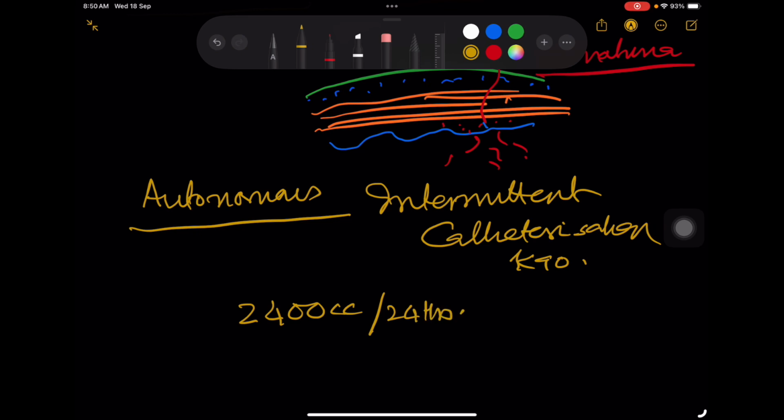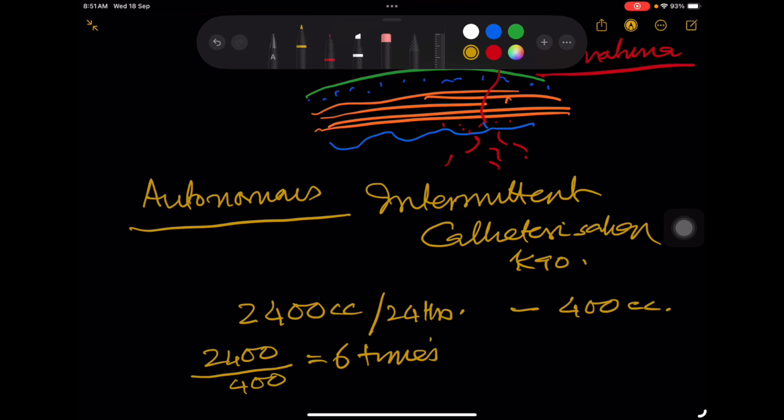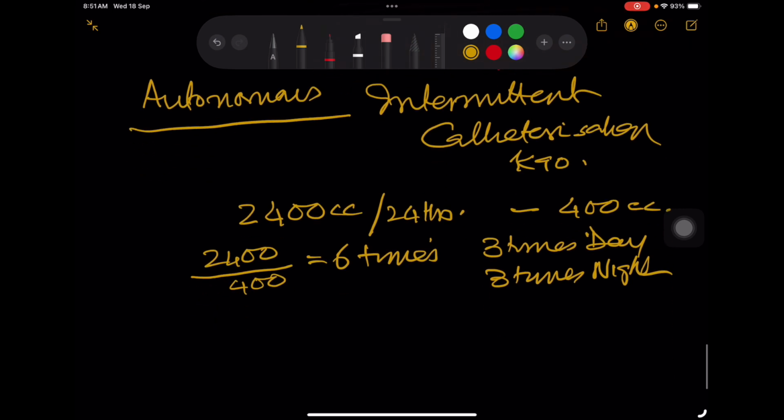Then you want the bladder to distend 400 cc's between two evacuations. Then you must evacuate 2400 upon 400. That means 6 times. So 3 times in the day, and 3 times at night. You have to evacuate by this intermittent catheterization.